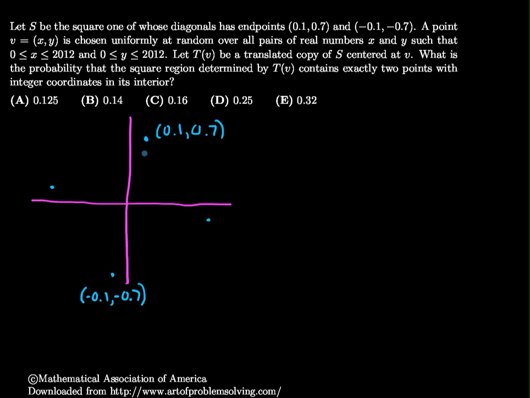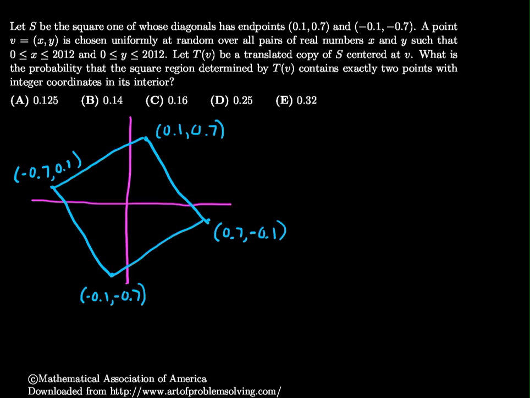So this is going to be (0.7, -0.1), and this is going to be (-0.7, 0.1). Okay, so here is our square. And what a lovely square it is.